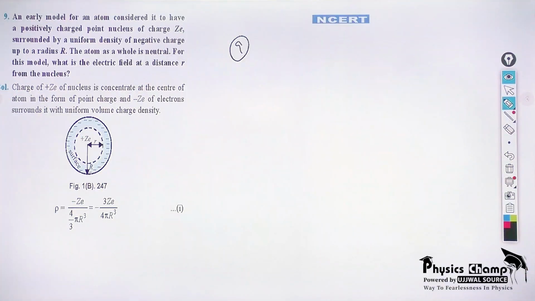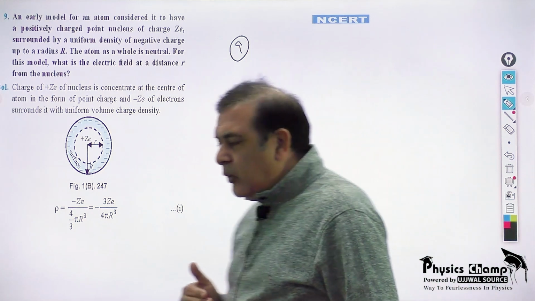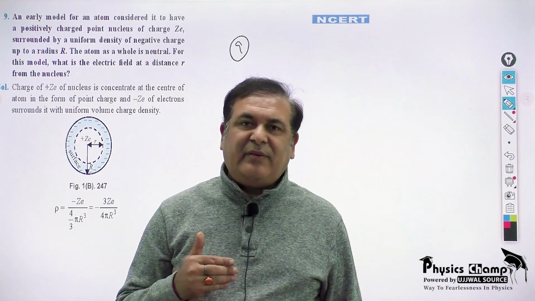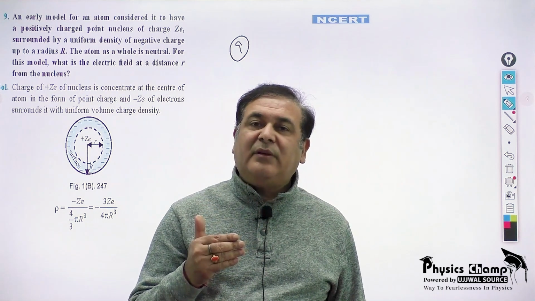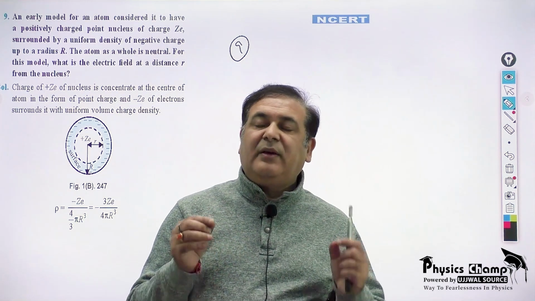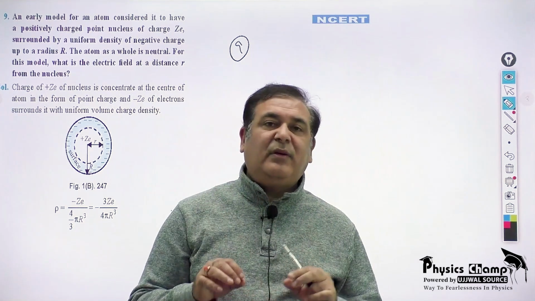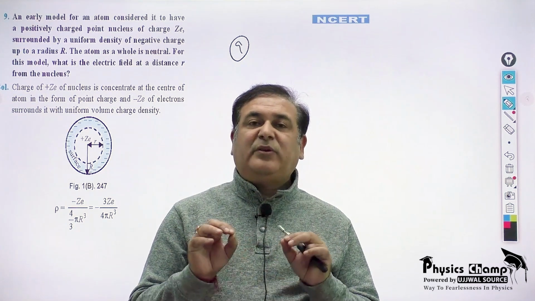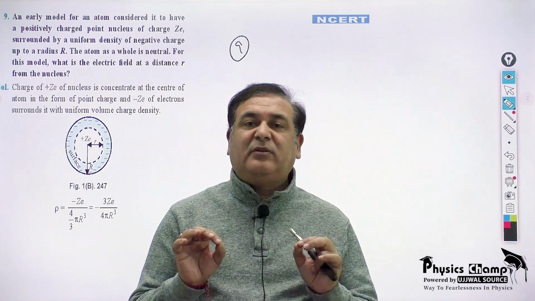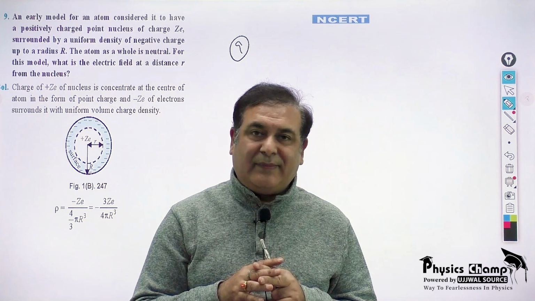Now looking at question number 9 of NCERT, the atomic model concept has developed in steps. The first model was the Thomson model, which was saying that there is a whole sphere of positive charge in which electrons are embedded, like the seeds of a watermelon.